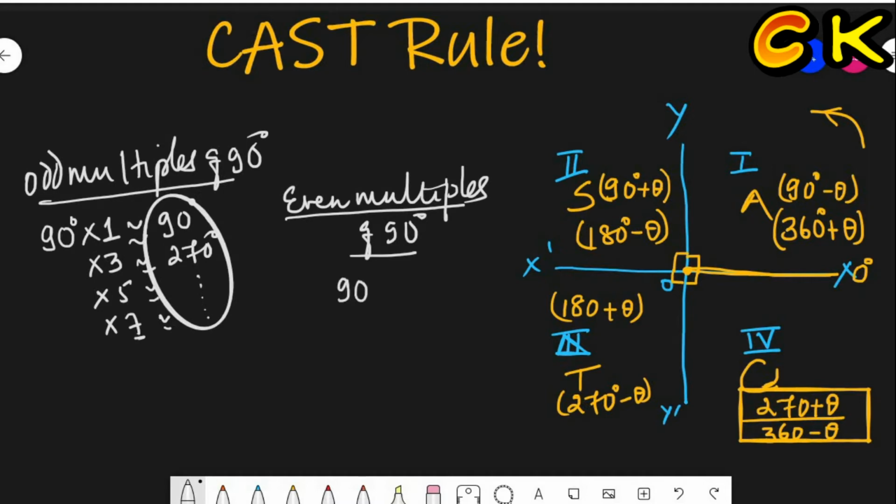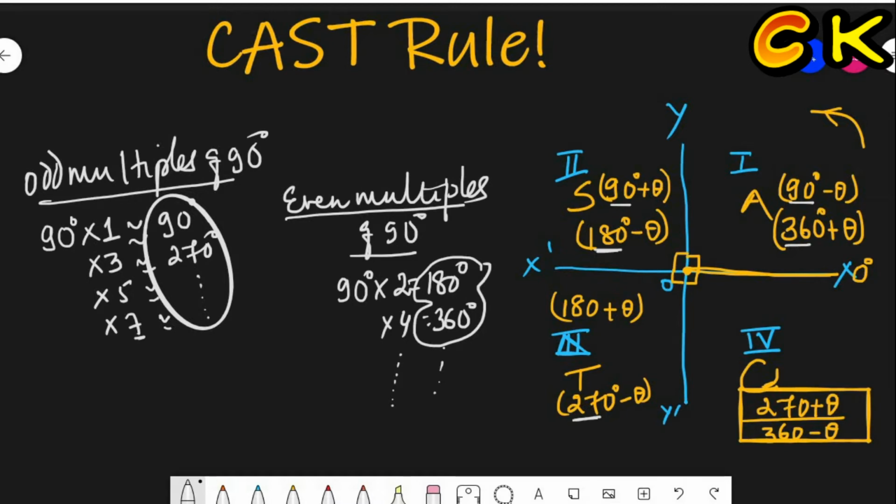Similarly, if we multiply 90 degrees by even numbers, that is 2, 4, 6, 8 and so on, then we get 180 degrees, 360 degrees and so on. These angles are called even multiples of 90 degrees. So 90 degrees is an odd multiple of 90, whereas 180 degrees is an even multiple of 90. Similarly 270 degrees is an odd multiple of 90 degrees. You must be clear about that.